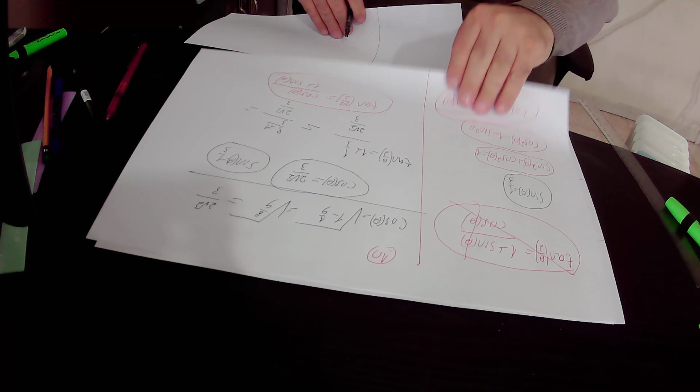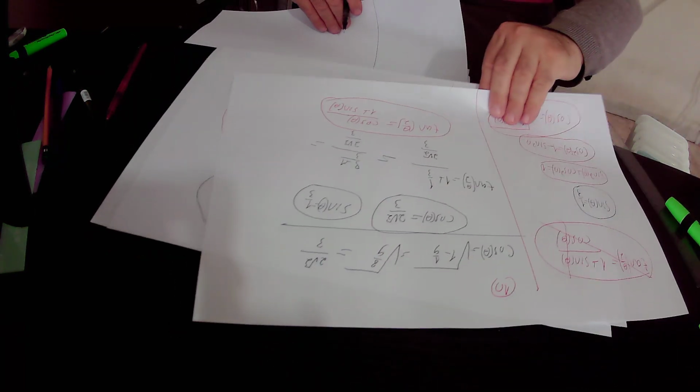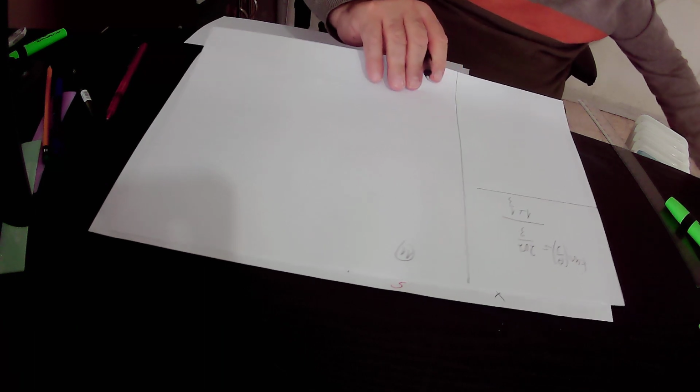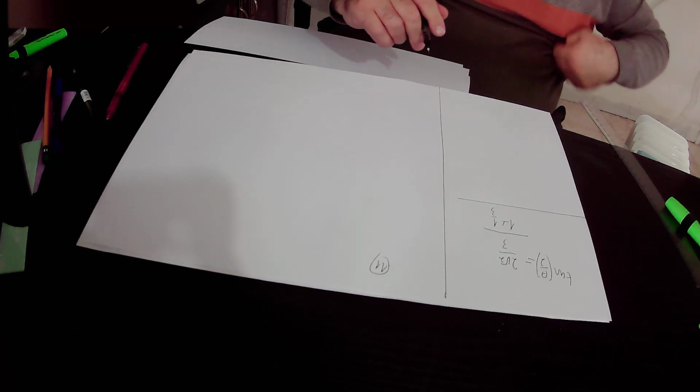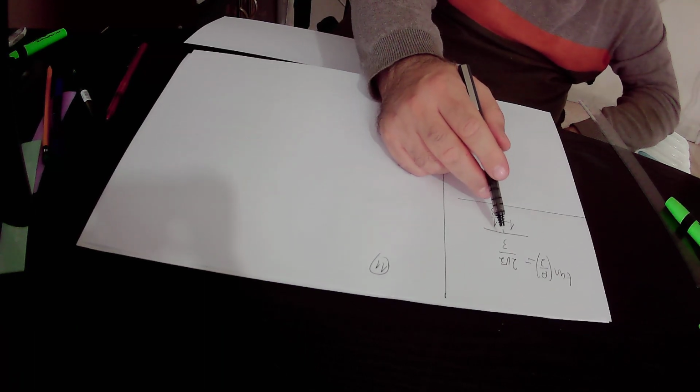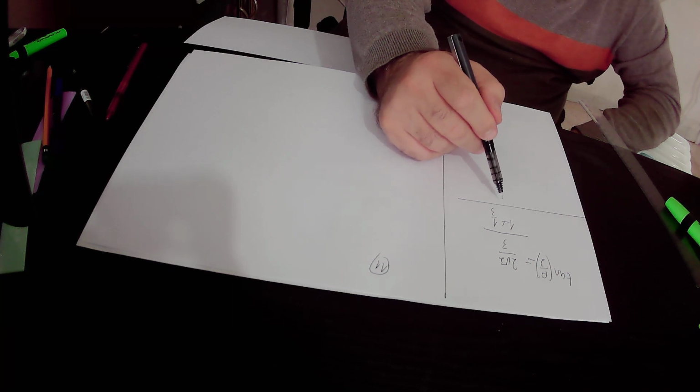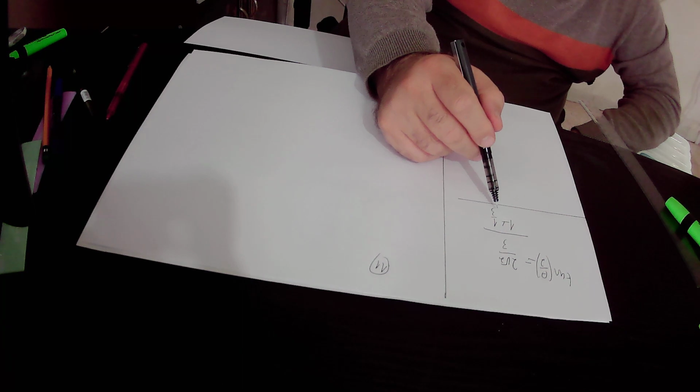So we actually found out that tangent theta over 2 equals 2 times square root of 2 over 3 over 1 plus 1 over 3. Here we will multiply 1 by 3 and then we divide it by 3 in order to have a common factor with 1 over 3.